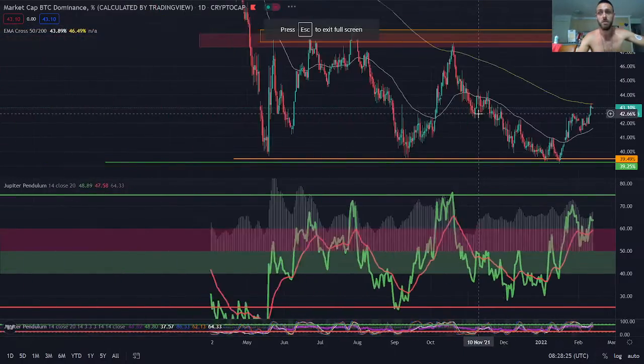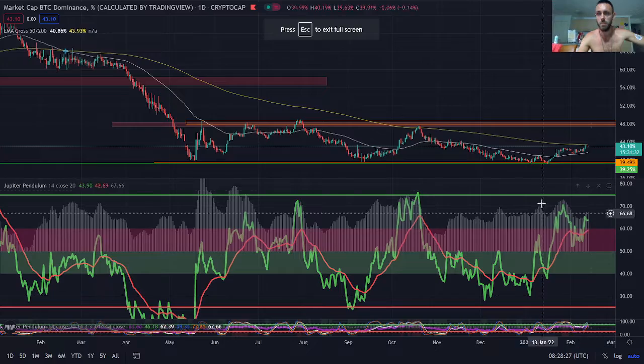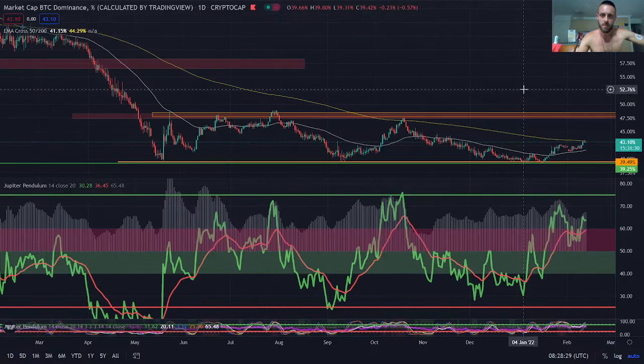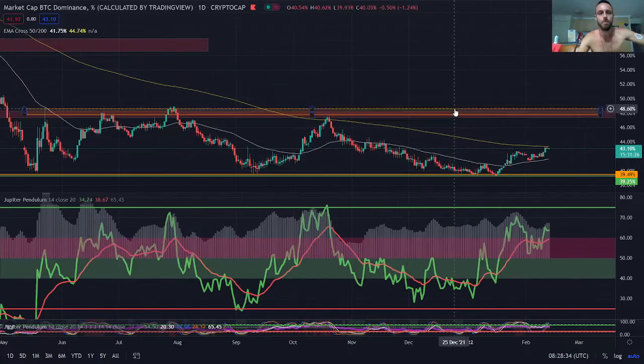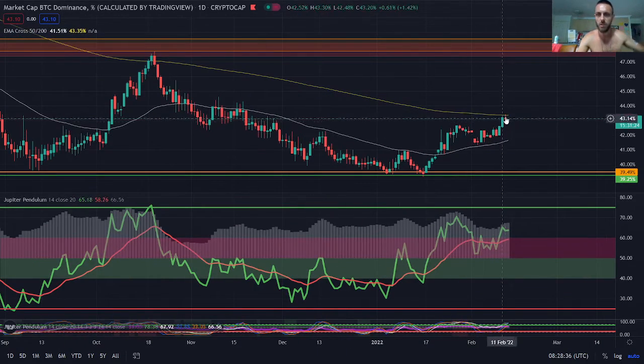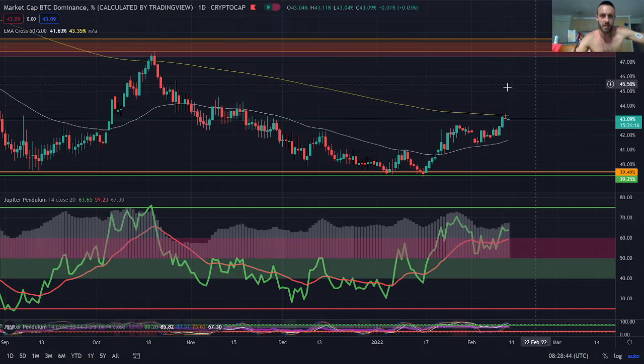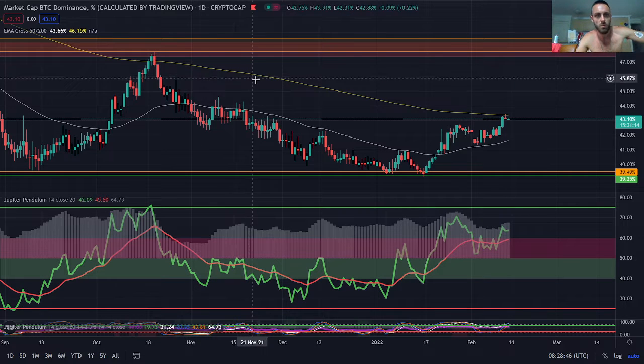Alright, so the Bitcoin dominance. First of all, the Bitcoin dominance. This is giving me a little bit of warning, right? Because when the Bitcoin dominance rises, that means one coin to rule them all. It's actually gaining strength. But looking at this, we're at resistance. We're at the 200-day moving average, okay?